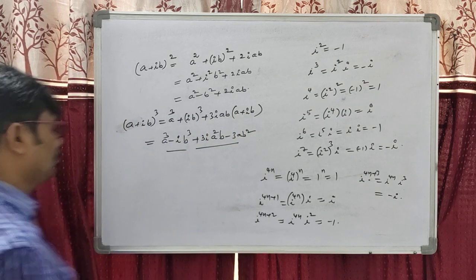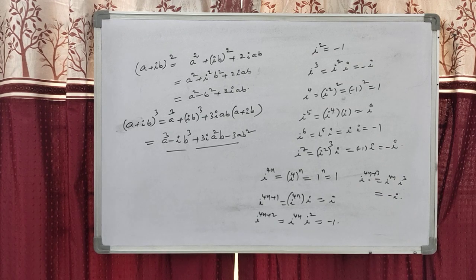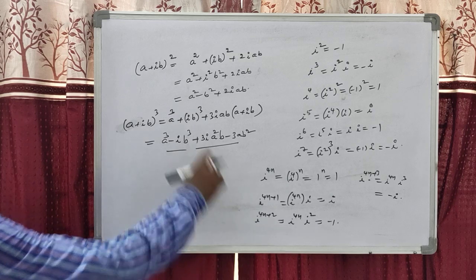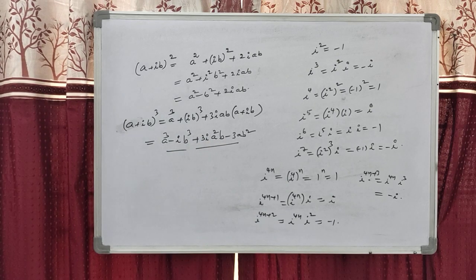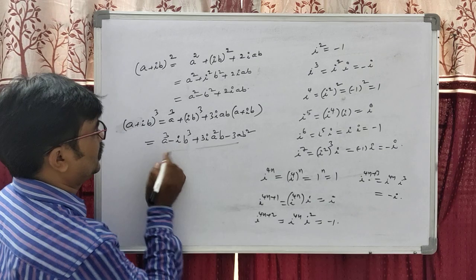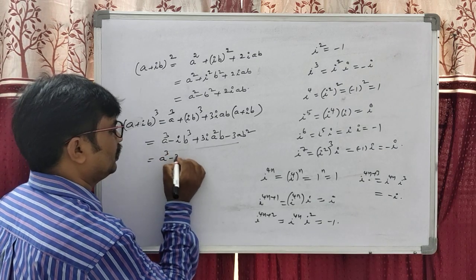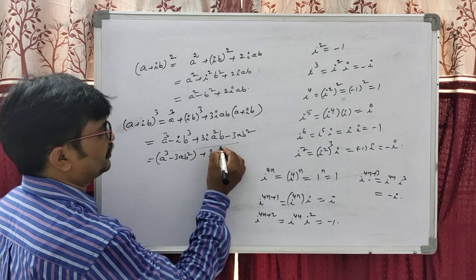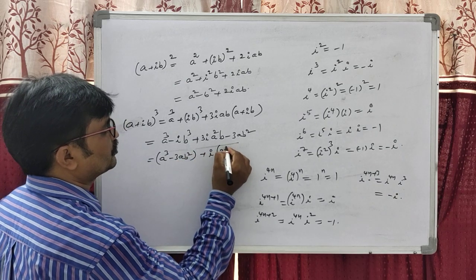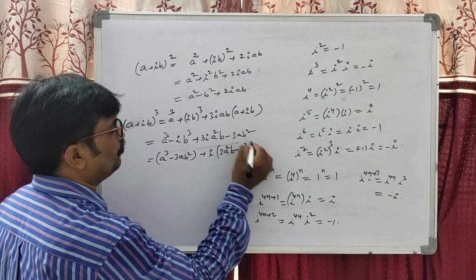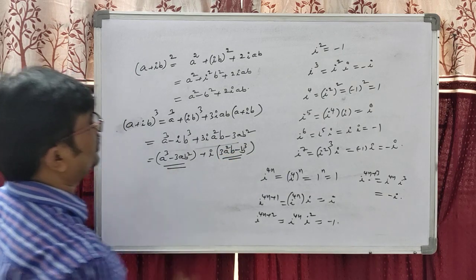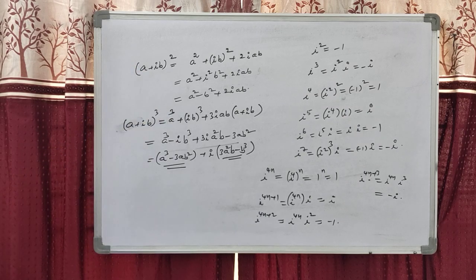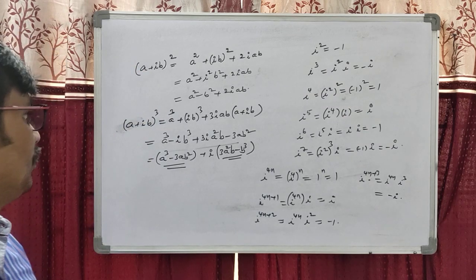This is the formula. What is it? a³ minus 3ab² plus i into 3a²b minus b³. This can be written as: the real part is a³ minus 3ab², imaginary part is 3a²b minus b³. Do you understand students? This is the formula of (a + ib)³.